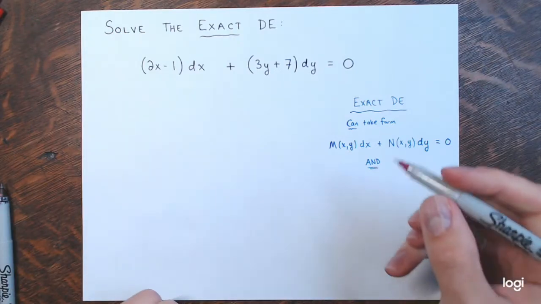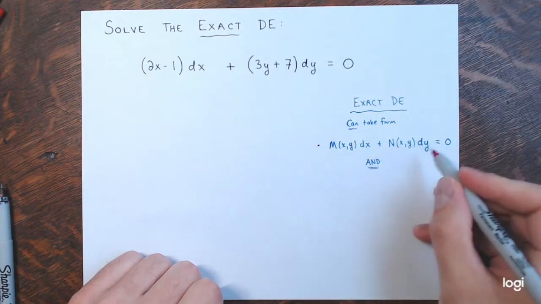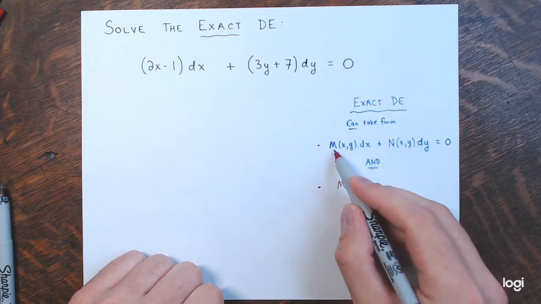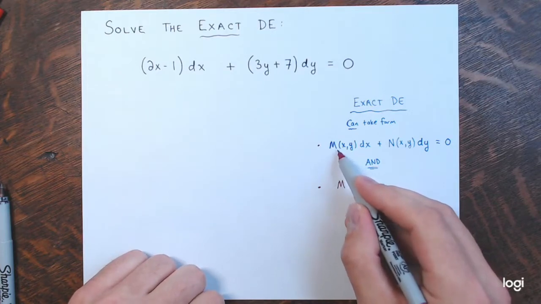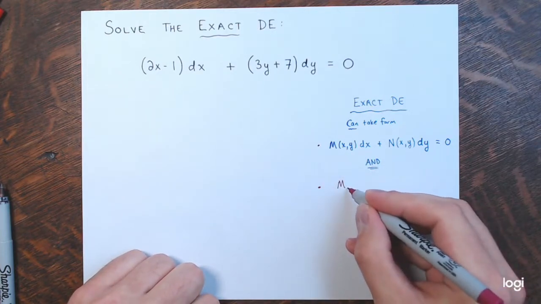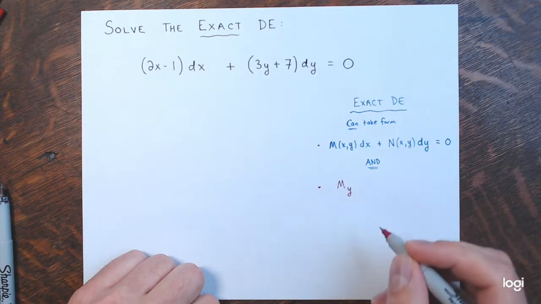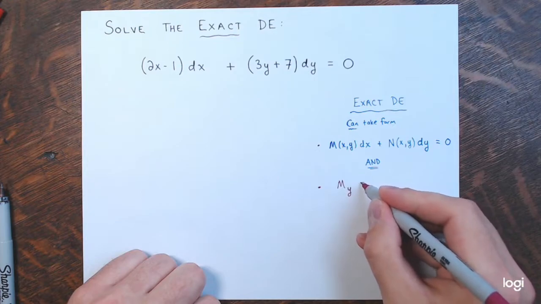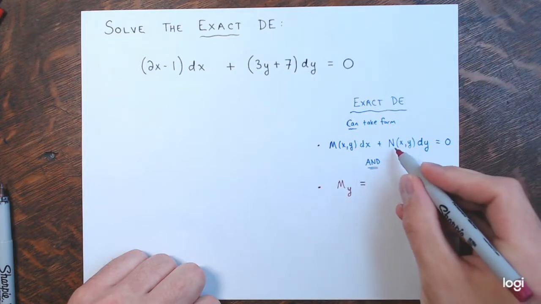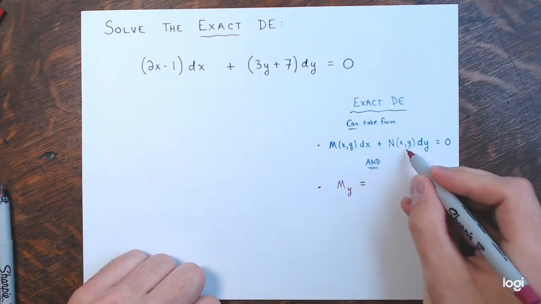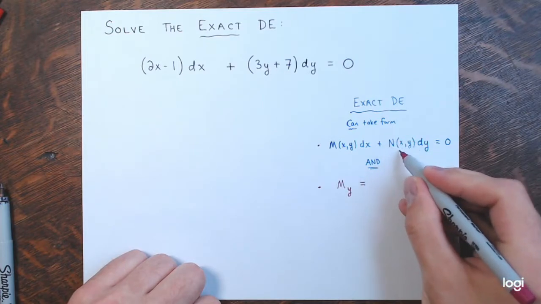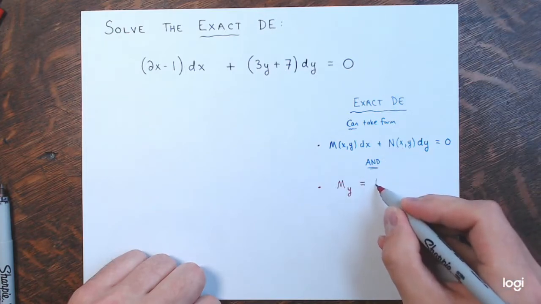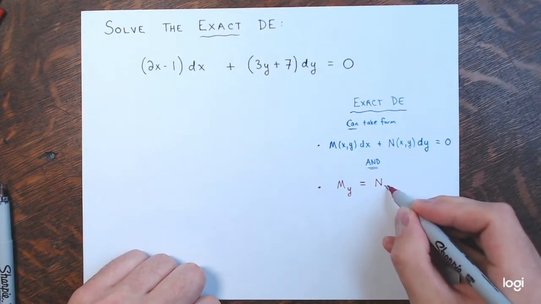So not only does it look like this, but at the same time, this is the partial derivative with respect to x of some function. So I take the partial derivative with respect to y, which would then be a mixed partial. If that's equal to the other mixed partial, right, and again this is the partial derivative of some function with respect to y if it's a total differential. So I do the mixed partial. I take the partial derivative with respect to x.